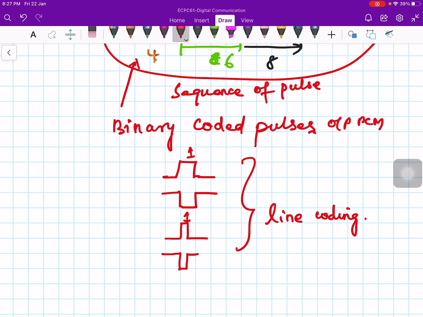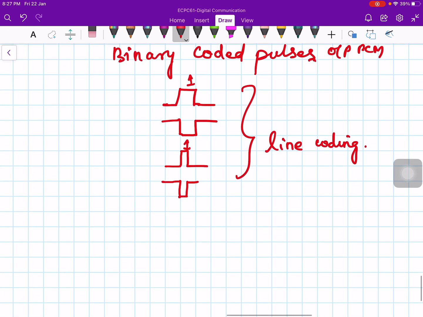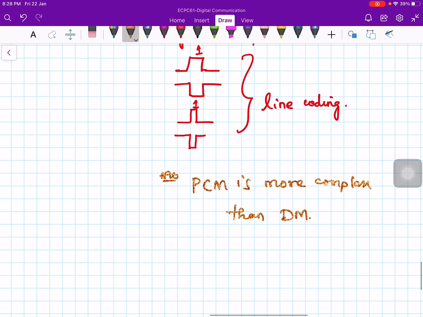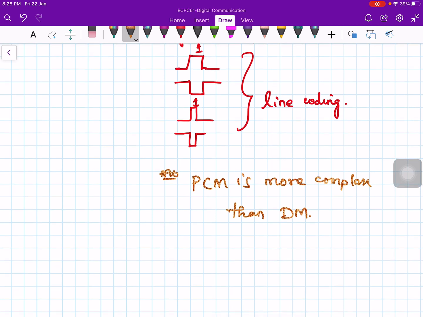PCM is the process of converting an analog signal into a binary representation, and it is conceptually simple, but implementation wise it is much more complex than, let's say, delta modulation, because you have to really build an analog to digital converter.